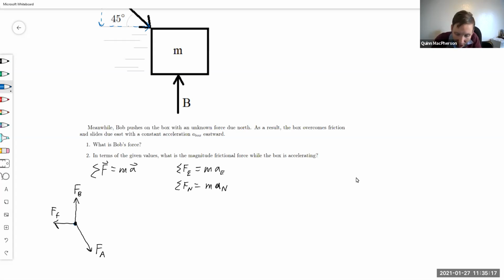If I want to break up Alice's force in the free body diagram instead of in the picture, I break it up like that. So that's force Alice south, aka minus north, and force Alice east.